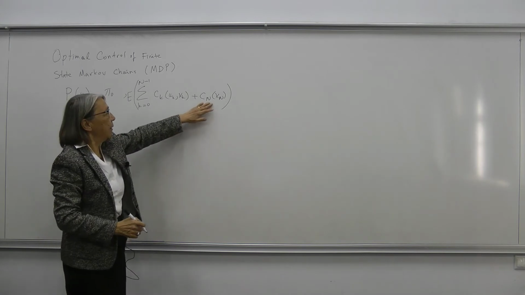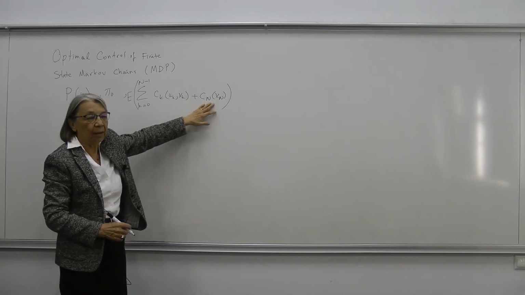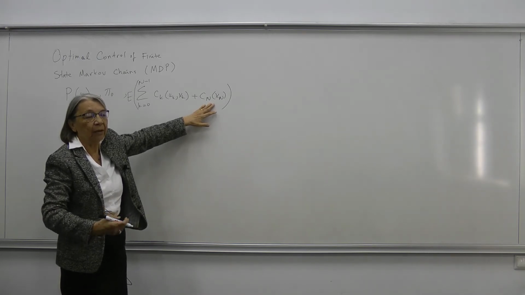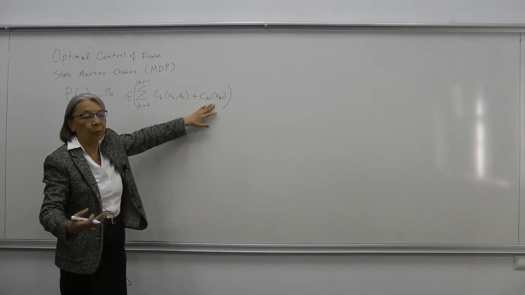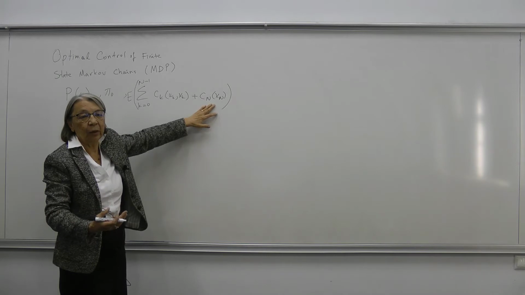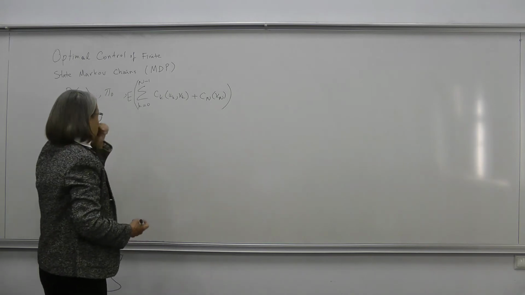I have written the last one as c sub n of xn because that u sub capital N would be effective on the time starting from n+1 up to infinity, but it is not included in our time horizon, so it's better to write it as c sub n of xn.